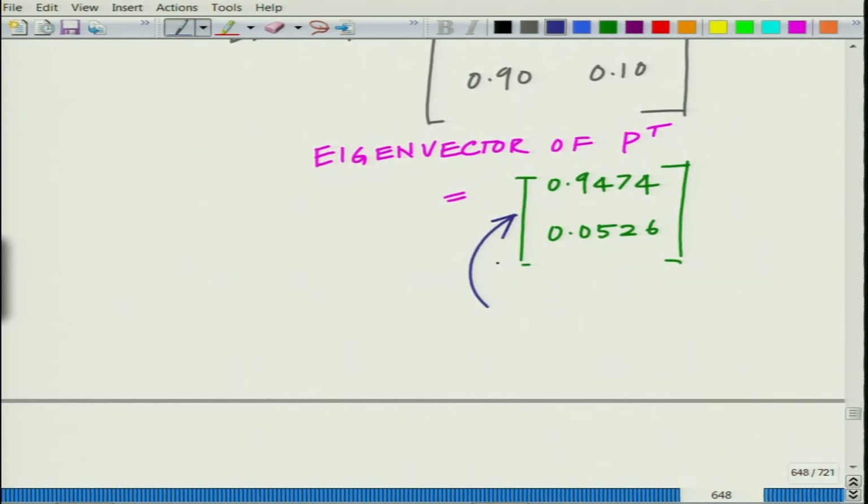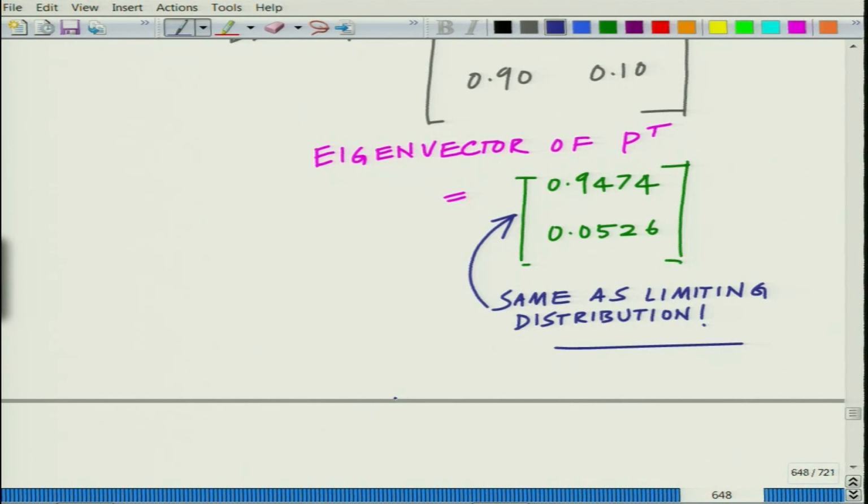This is the eigenvector of P such that the sum of elements is equal to 1.